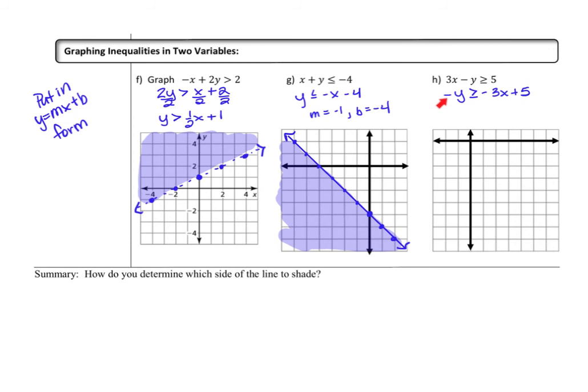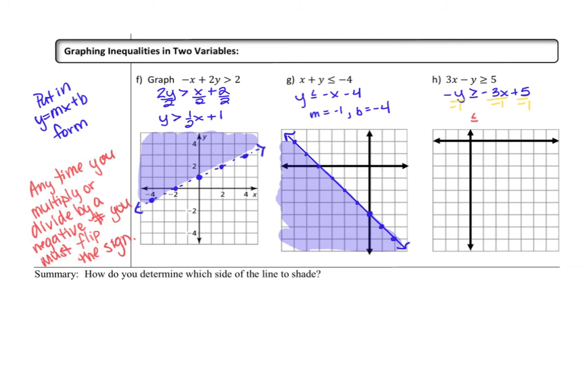Remember, when you have a negative in front of your variable, it's not fully simplified. So what we need to do is divide everything by -1. And remember, when you divide by a negative number, you have to flip the sign.